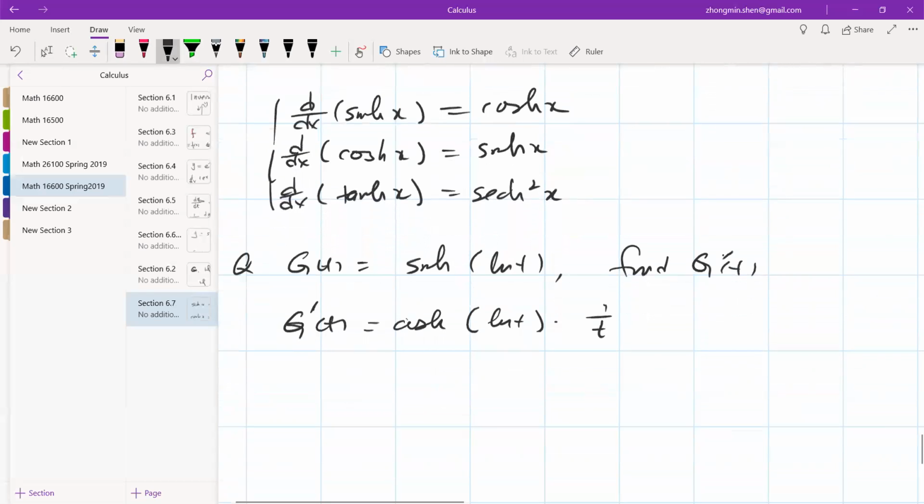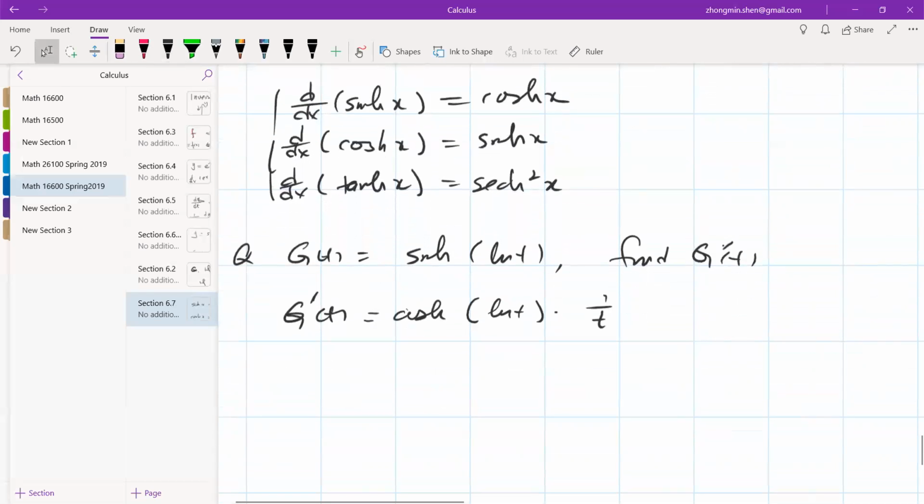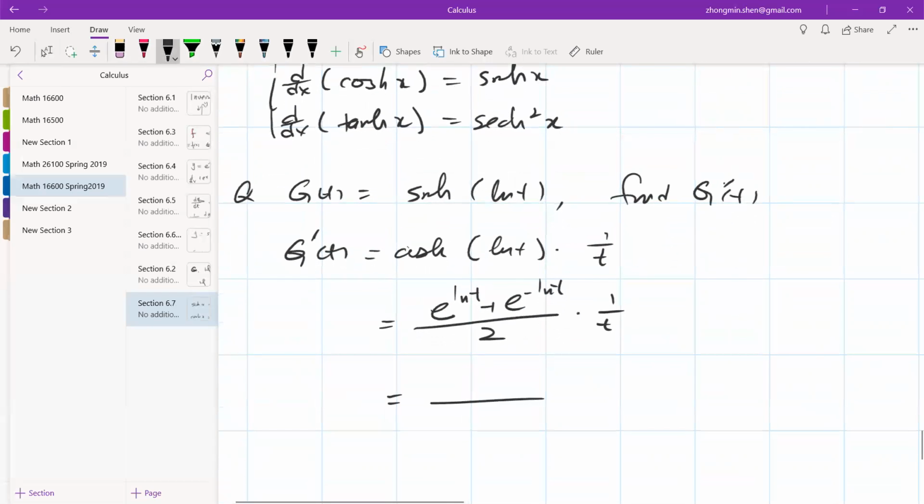That's okay. But if you simplify this, it is e to the natural log of t plus e to the negative natural log of t, over 2. So the first term will be t.